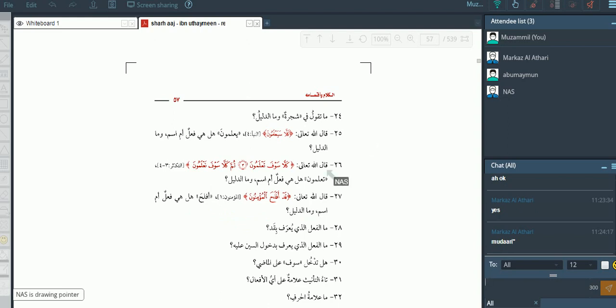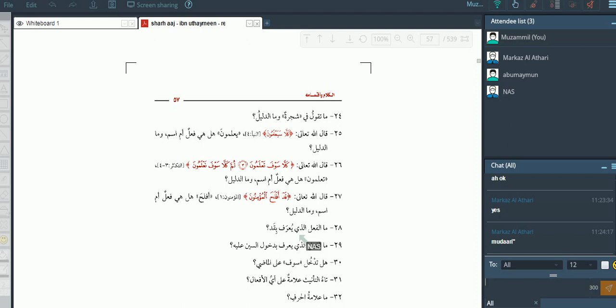So the Shaykh asked the question about qad and what type of verb it enters into. ما الفعل الذي يعرف بقد? And Akhi Muzammil said فعل مضارع.